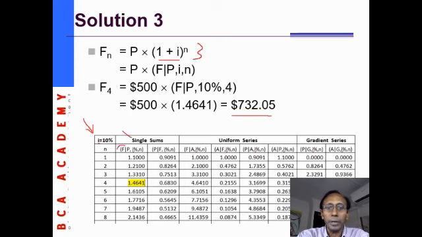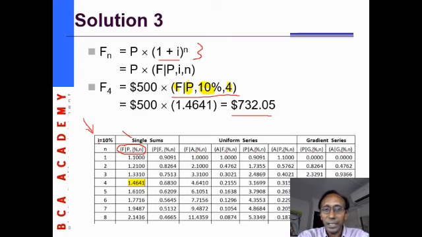Why? Because what we know at this point of time is I know the present value, I know the current interest rate, I know the number of years, and I don't know the future value. So I use this particular equation in order to determine the future value.